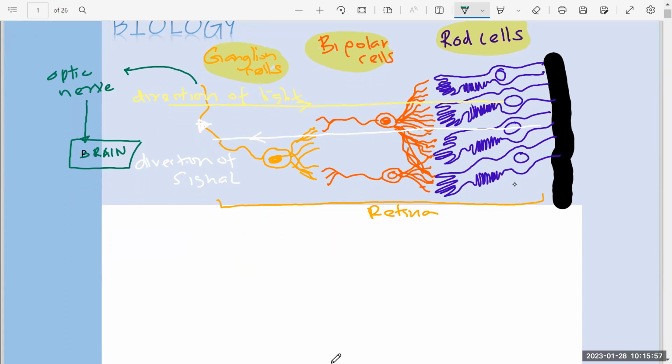Okay, to understand it, first we look at how the pigment of the rod cell absorbs the light.